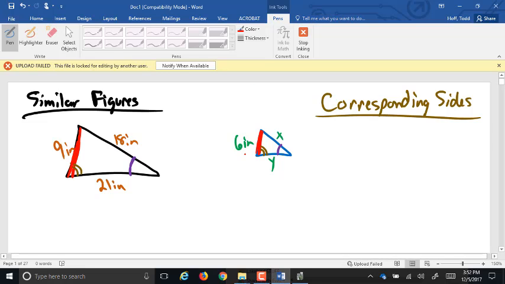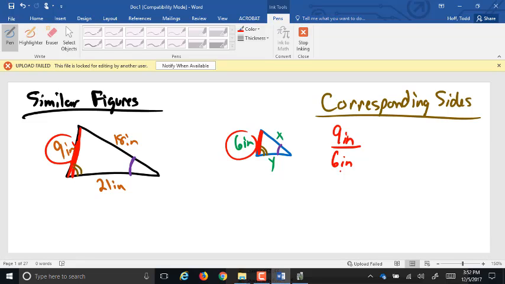The 9 inches corresponds to the 6 inches. I can write that as a ratio. It doesn't matter which one I put on top. I can put the 9 inches over 6 inches or 6 inches over 9 inches, either way. I just have to make sure I stay consistent with that.